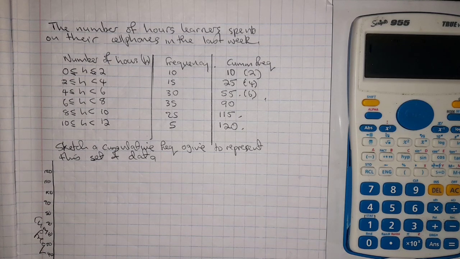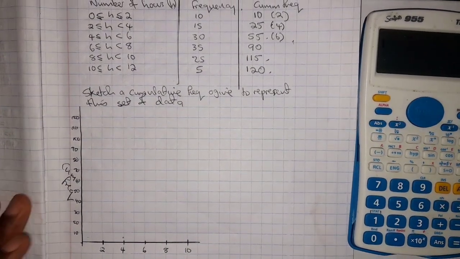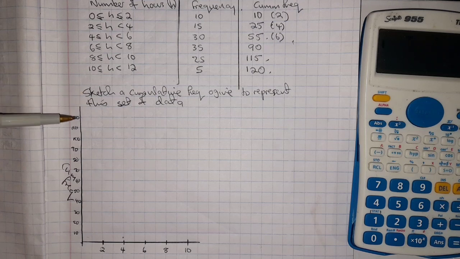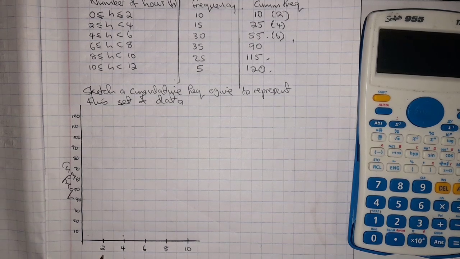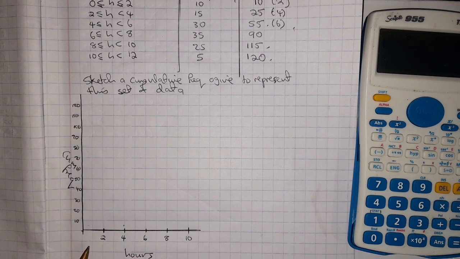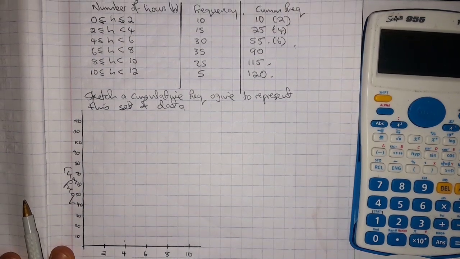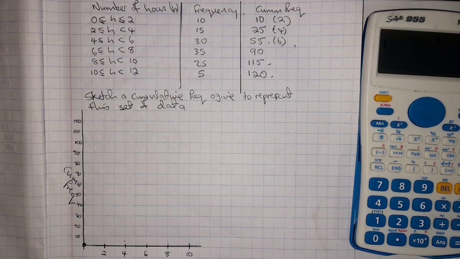So our first point here, as we are drawing our cumulative frequency, my vertical axis is cumulative frequency, and my horizontal axis here is hours. So we are saying here, we are starting at 0, 0.